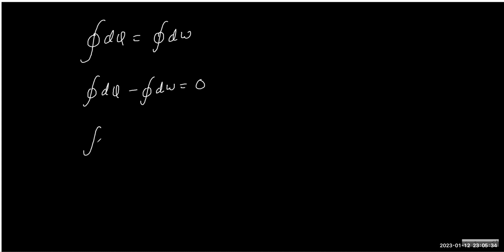So dQ minus dW is how much? Zero. We know zero can be replaced by dU. Now just drop the integral sign. Can you say dQ equals dU plus dW?